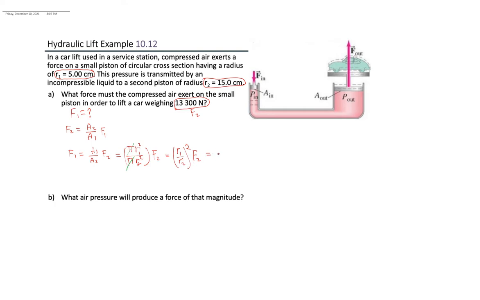So R1 is 5 centimeter, because these centimeters are going to cancel anyways, over R2, which is 15 centimeter, all squared, times F2, which is 13,300 newtons.